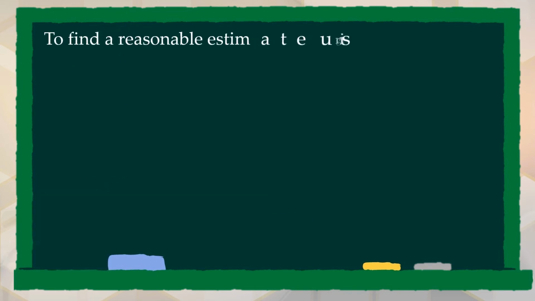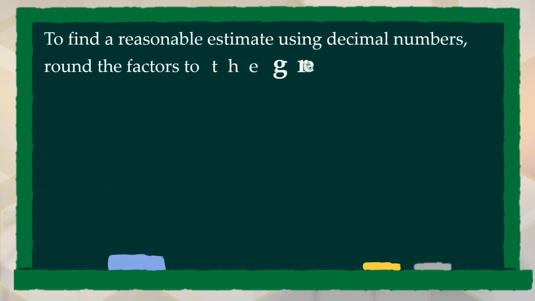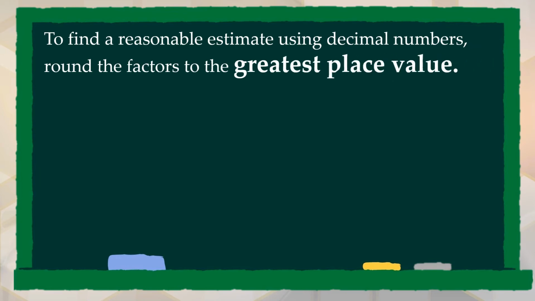To find a reasonable estimate using decimal numbers, round the factors to the greatest place value. In 14 and 32 hundredths, the greatest place value is the tens place, which is 1, while in 27 and 50 hundredths, the greatest place value is also the tens place, which is 2.